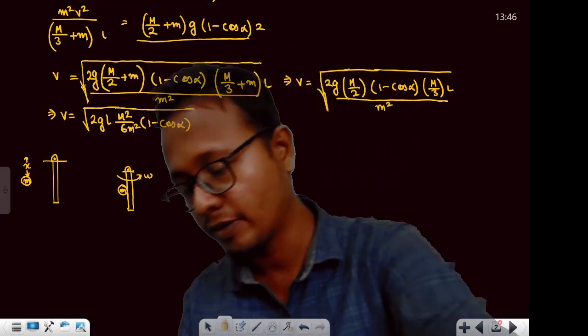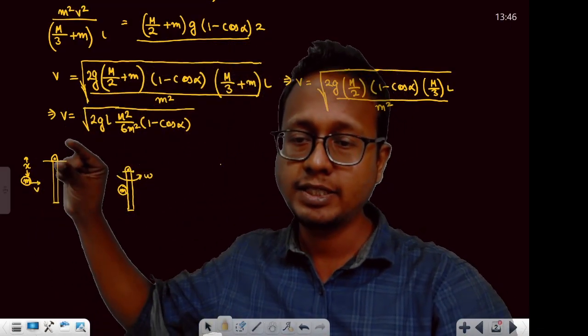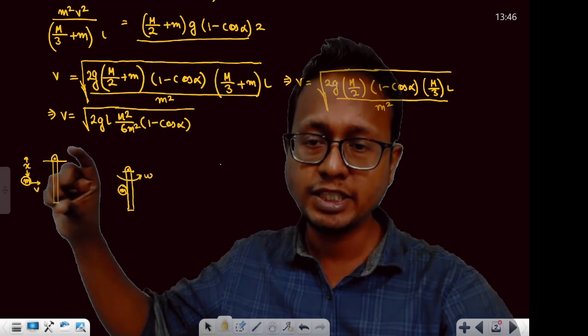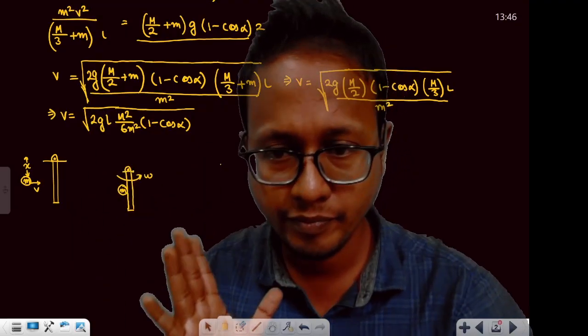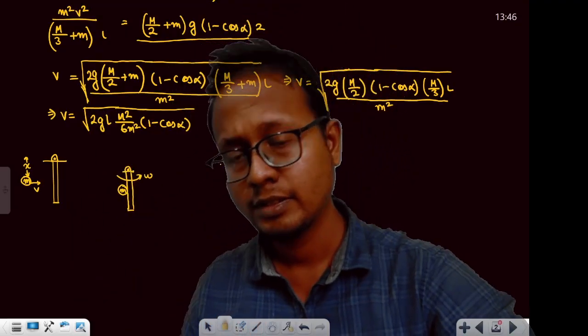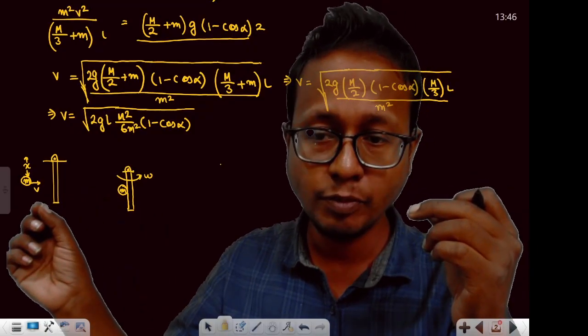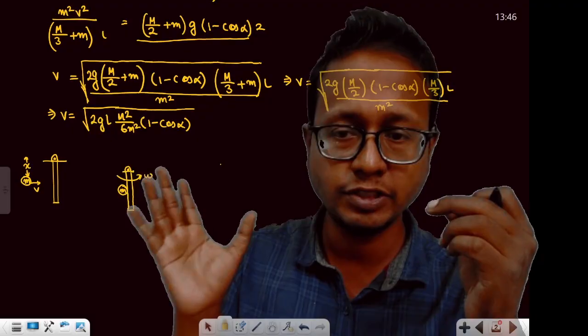I need to find out the velocity. The velocity is given the same as that. I need to find the distance x such that the initial momentum and final momentum are the same. Understood? So initial angular momentum and final angular momentum are also the same, and the initial linear momentum just before collision and final linear momentum just after collision are also the same.